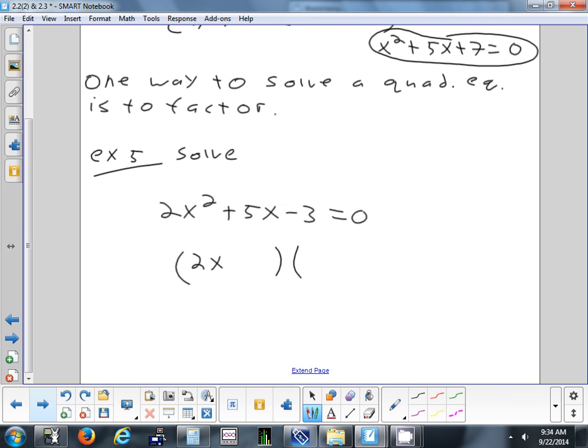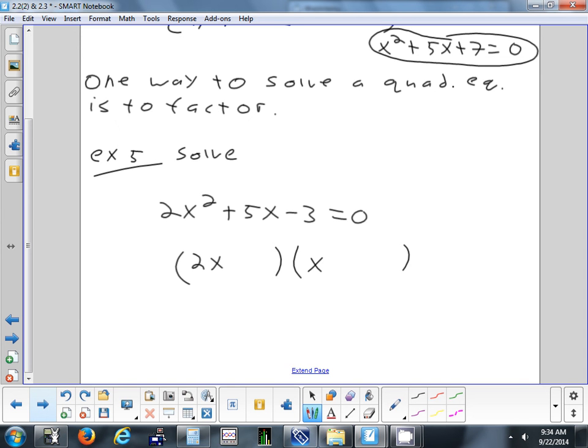2x would be my first term in the first binomial. What about my first term in the second binomial? Yep, x. It would have to be x. This one's not going to be bad if it factors because you don't have many choices. It has to be 2x and x. What about my signs? I have a positive middle and a negative constant.